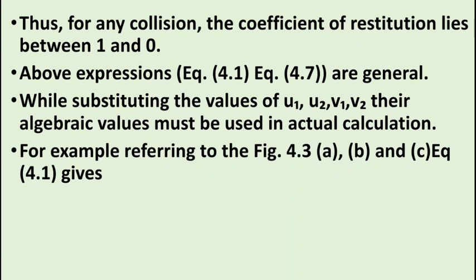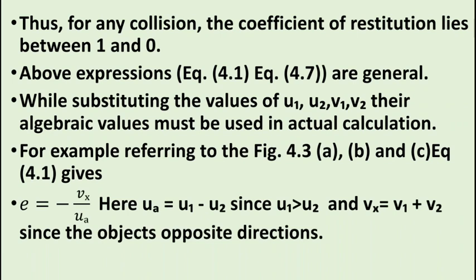For example, referring to the figure 4.3a, b and c, equation 4.1 gives E is equal to minus vs upon ua. Here, ua is equal to u1 minus u2 and u1 is greater than u2, and vs is equal to v1 plus v2 since the objects are in opposite directions.